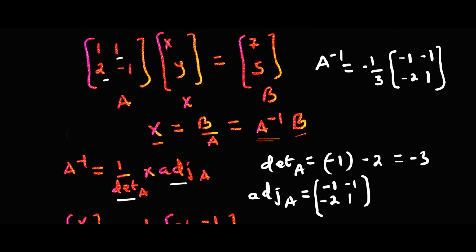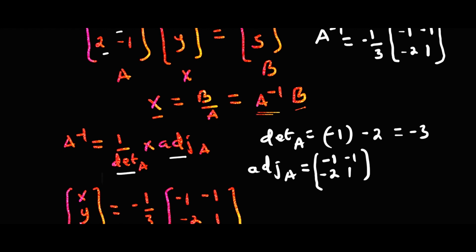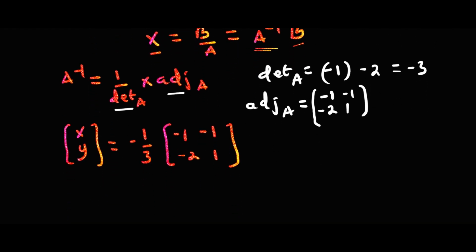B was the results, or the values we had on the right-hand side. That was 7, 5. So we multiply this by the results, that is 7, 5.